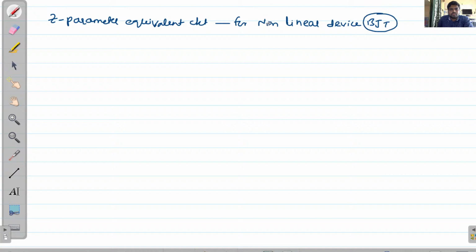So generally the BJT device symbol is like this. This is collector, base, emitter. We have two types of transistors, BJT NPN type and PNP type.